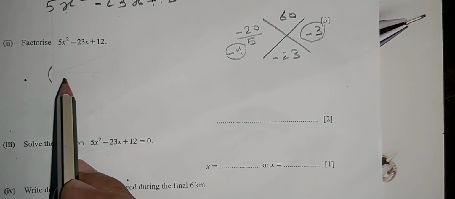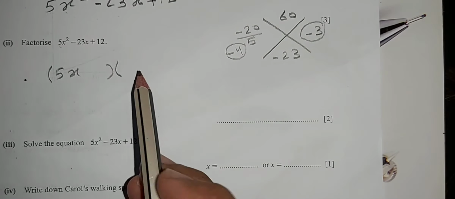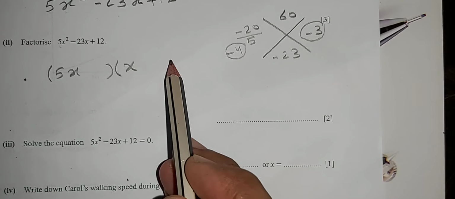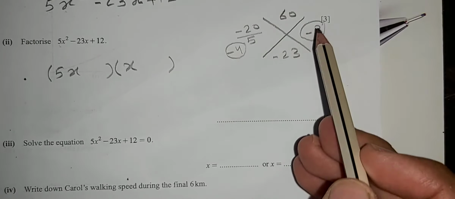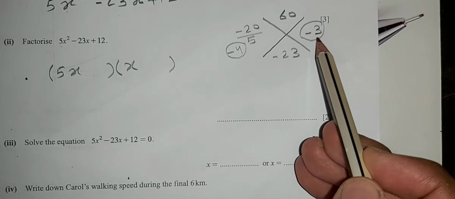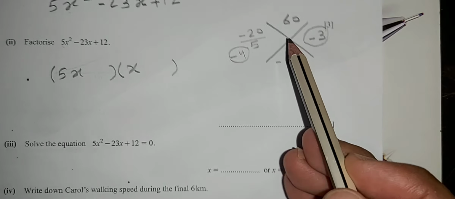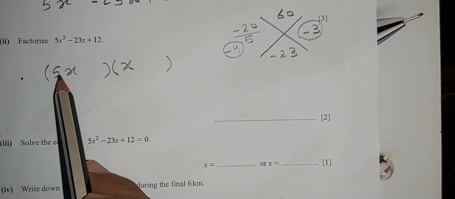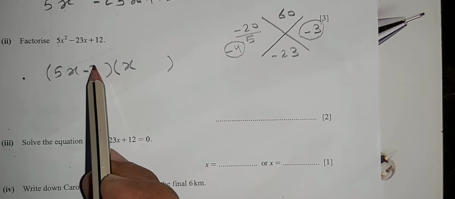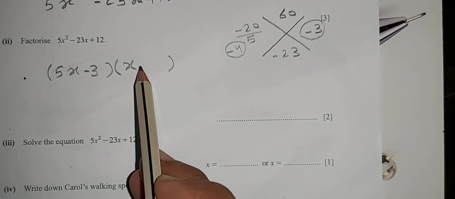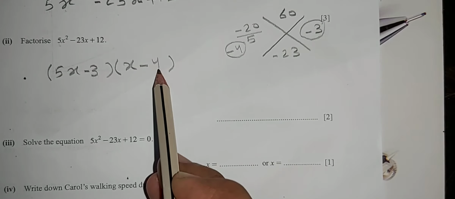Now open two brackets. Put 5x in the first bracket and x in the second bracket. This negative 3 we didn't divide by 5, so put it beside the bracket with 5x: 5x minus 3. And minus 4 we will put beside the x: x minus 4.